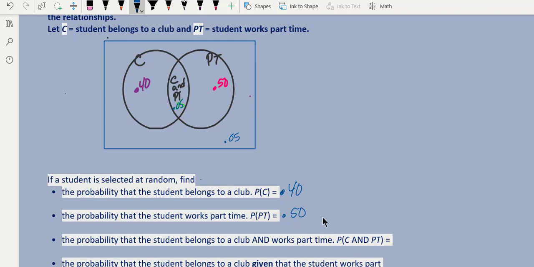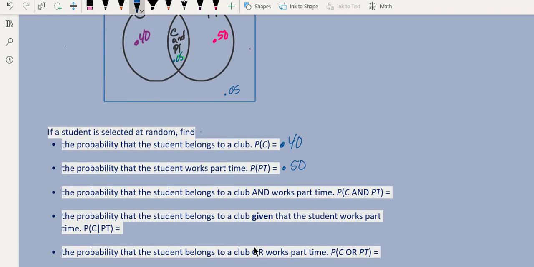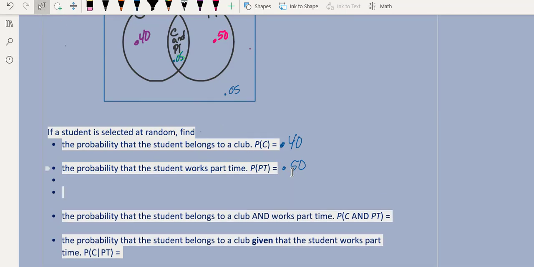Now, I left one out, so I do need to put it in here for you because there is one on your homework. Find the probability that a student does not belong to a club. It is really read as P of C complement, or you can see it as how I did it in class with a little dash over the top.